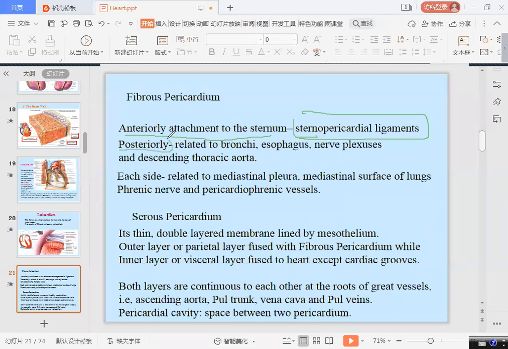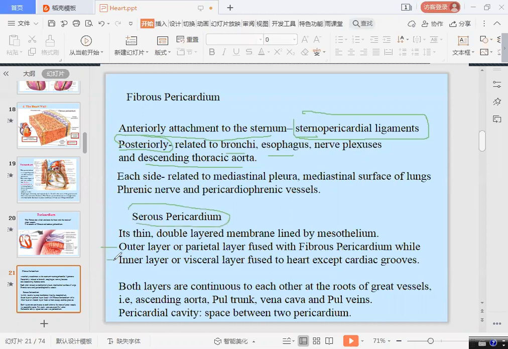Posterior to this fibrous pericardium, it is related with the bronchi and esophagus. There are some nerve plexuses which pass through posteriorly, and the descending aorta lies posterior to this fibrous pericardium. While the serous pericardium, as I explained, is a double layer, outer and inner.